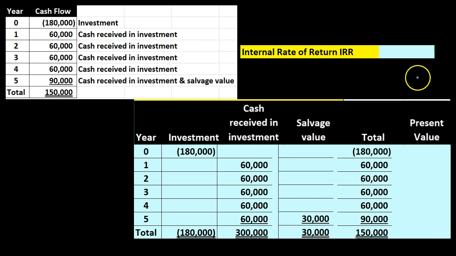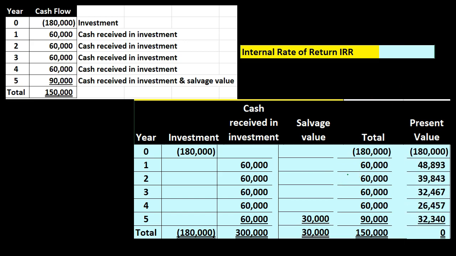Now, then we can think about the internal rate of return. You can think about this same series of numbers, and we want to take a look at the internal rate of return. All that means is that we want to figure out what this rate would be so that this present value series of numbers would end up to be 0. So we want to be able to present value it to be 0. Normally we know the rate and then we present value and we see what we get.